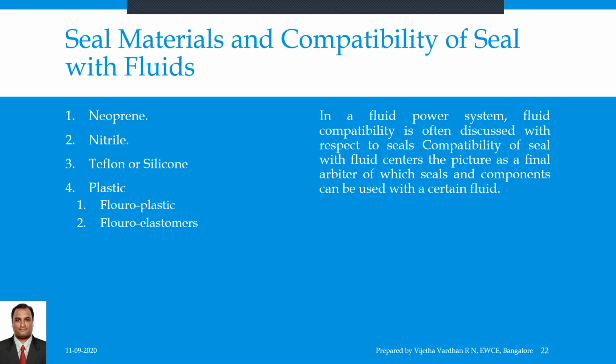For example, natural rubber is not oil resistant and should not be used in hydraulic systems using petroleum oils. Synthetic rubbers vary widely in their behavior when exposed to different fluids. Some are unaffected, but others swell, shrink, or otherwise deteriorate.